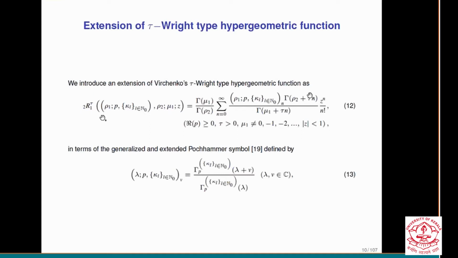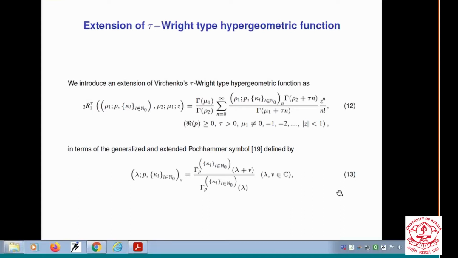We use this concept given by Srivastava, and here we extended this one as equation number 12 by imposing all the conditions that I mentioned here, in terms of the generalized extended Pochhammer symbol 19. This is given by H.M. Srivastava.